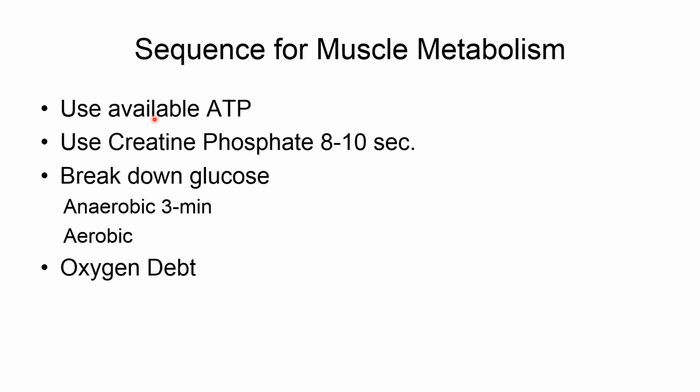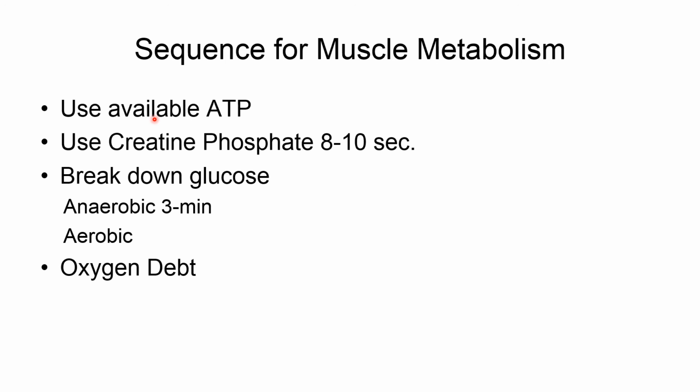So resting muscle or muscle undergoing long-term exercise such as long distance running or other endurance exercises depend primarily on aerobic respiration for ATP synthesis. And then we have a topic that is oxygen debt. After intense exercise, the rate of aerobic metabolism remains elevated for a time.